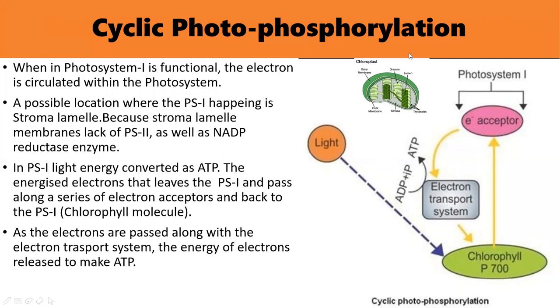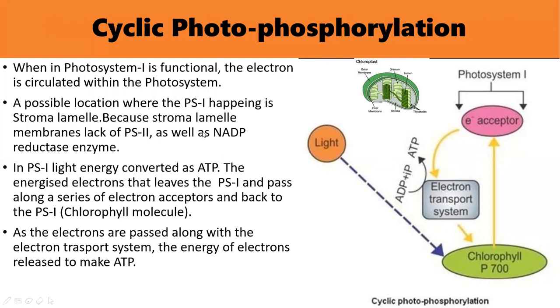Cyclic photophosphorylation occurs on the stroma lamellae. Here you can see the stroma lamellae. Why does cyclic photophosphorylation occur only on the stroma lamellae? There are two reasons.